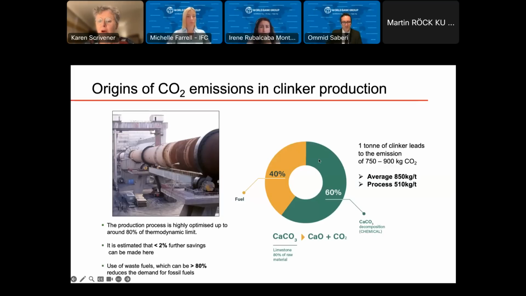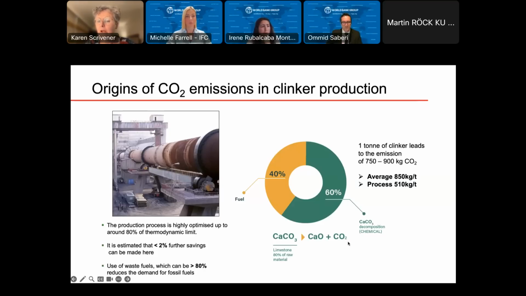What is much more important is the 60% of emissions coming from the breakdown of calcium carbonate. Calcium carbonate is limestone, and limestone is 60% of the raw material to produce cement. During production, this first of all breaks down into calcium oxide and CO2.